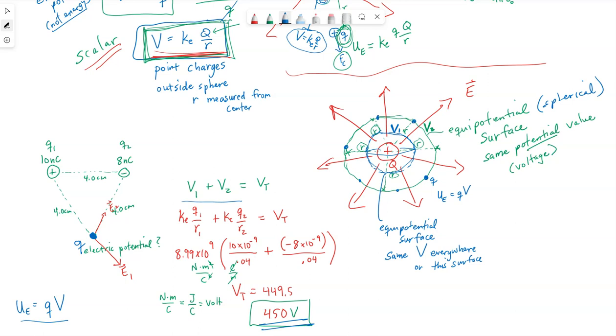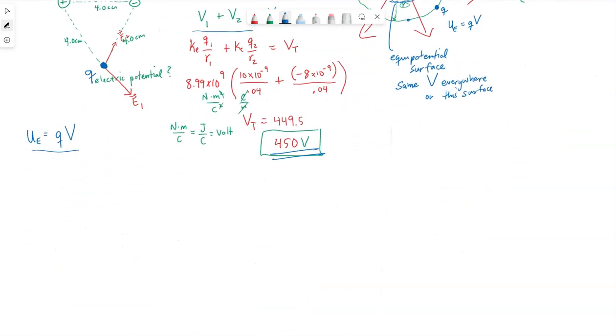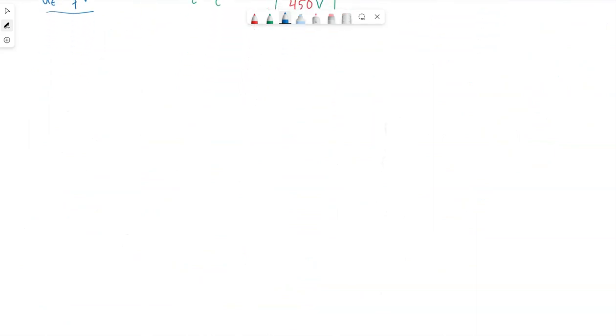Which means also, if we have, I'll go all the way up there, continuous charge distribution.